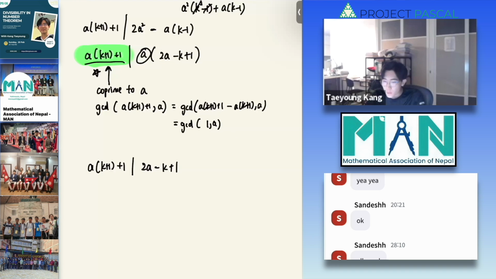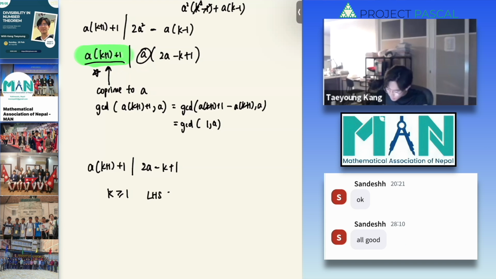And we can go back to our fact 2.3, right? So we already know that K is a positive multiple, so K is at least 1 already, correct? Wait, I guess K can be 0 too. But if K is at least 1, we notice that the left-hand side is larger than the right-hand side.